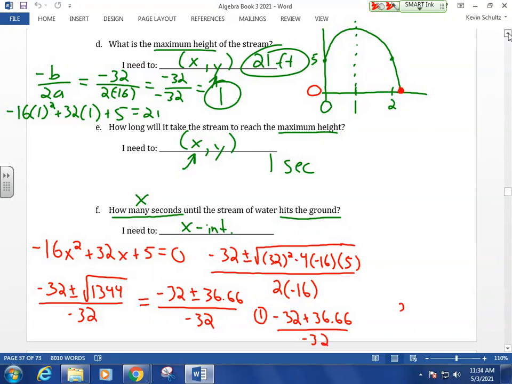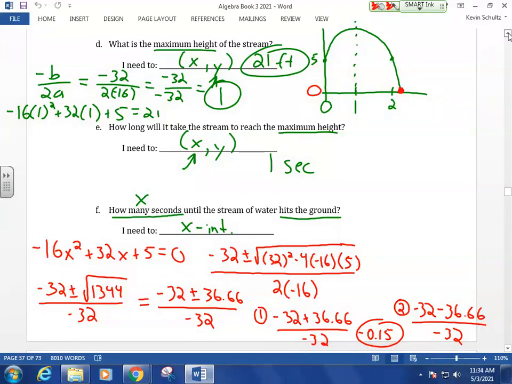And our second one will be negative 32 minus 36.66 divided by negative 32. Negative 32 plus 36.66 divided by negative 32, our first one, gives us negative 0.15 after rounding.